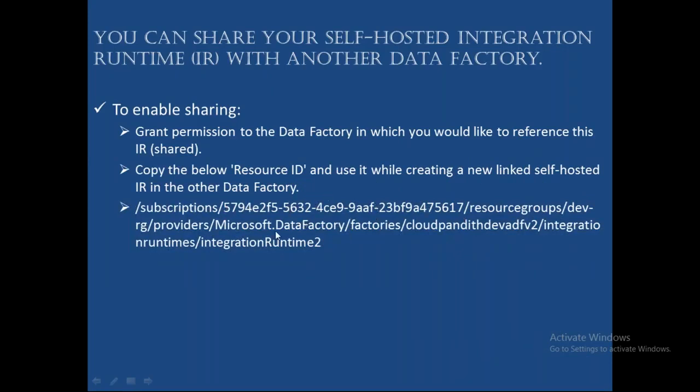So let's imagine this is the UK data factory resource ID, and this is the US data factory resource ID. You need to take the US data factory resource ID and use it in the UK data factory. That's how we are going to establish the connection.